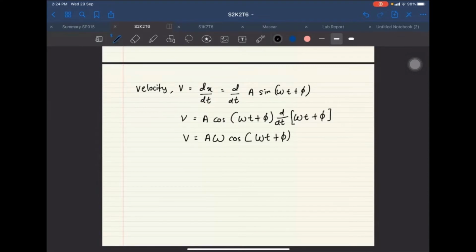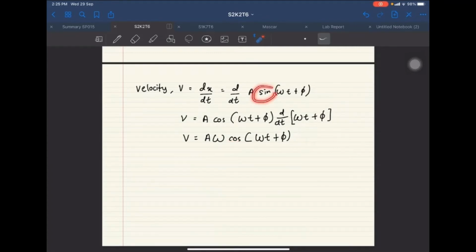Okay, this formula will not be given inside the formula sheet. Dia tak diberi. Okay, and then you have to be careful. You don't need to memorize, but you just have to know how to get here, which is differentiate lah. You have to be careful with the starting equation. Kalau starting the sine, you will get the cos.